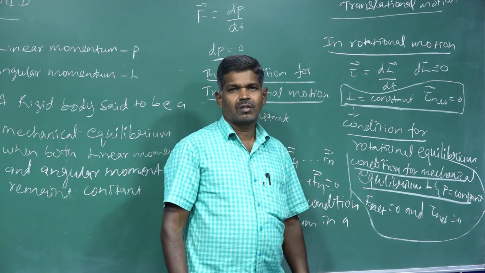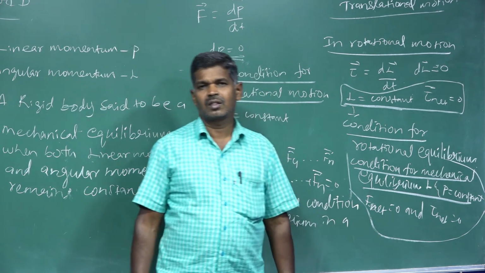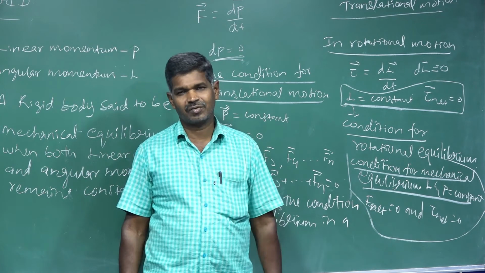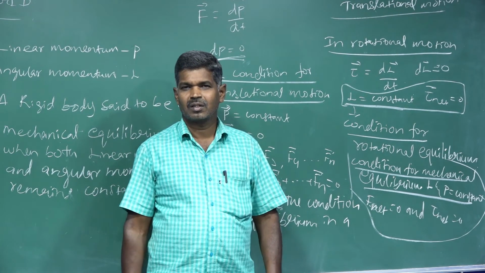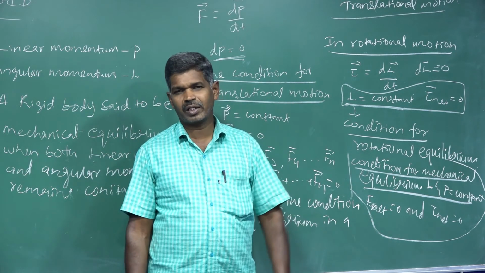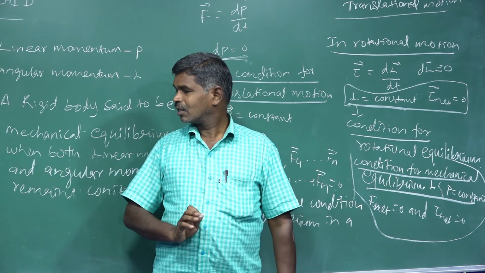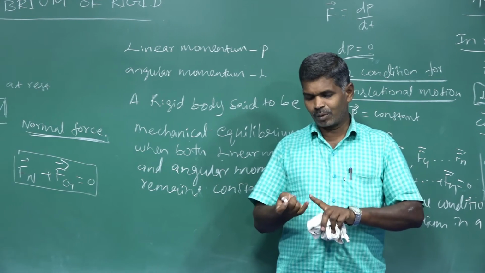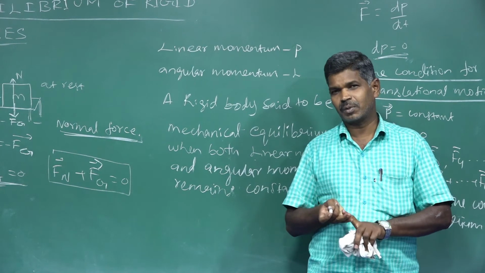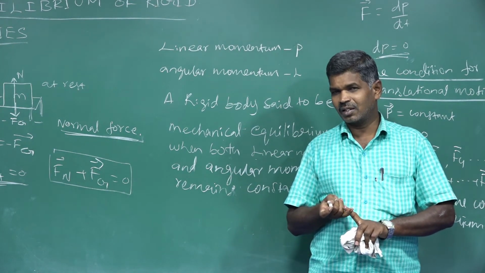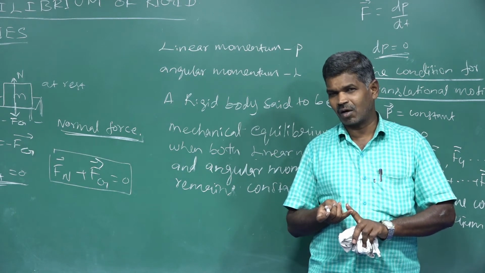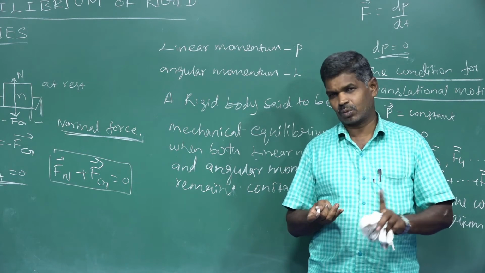There is some classification of equilibriums. We are going to list out the types of equilibrium and the condition for each. Based on our explanation, we have studied translational equilibrium and rotational equilibrium. If any object is in translational equilibrium, linear momentum remains constant and net force is zero.